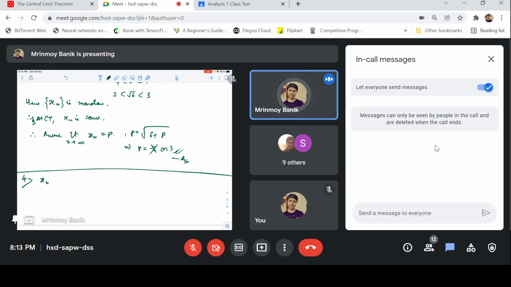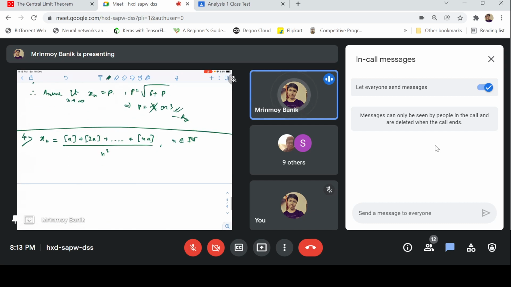So here we have a sequence defined in terms of floor functions. We need to show xn is convergent and find its limit also.